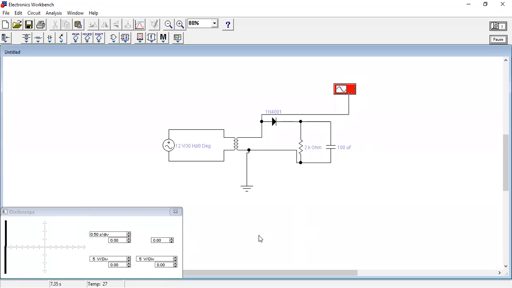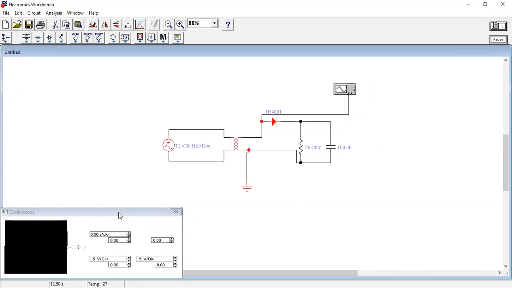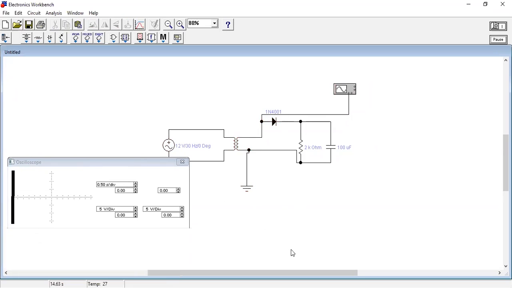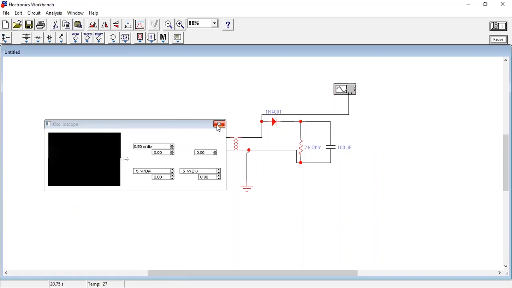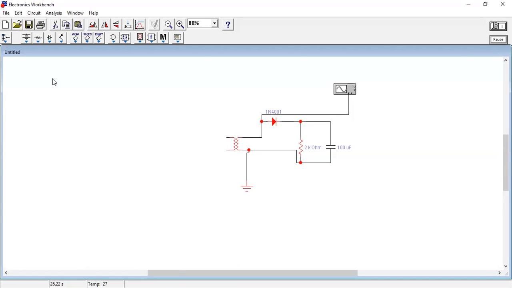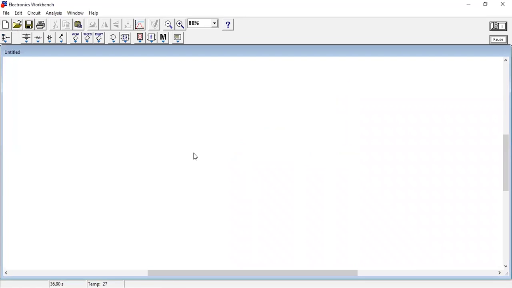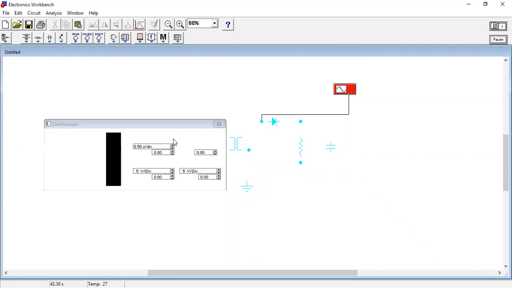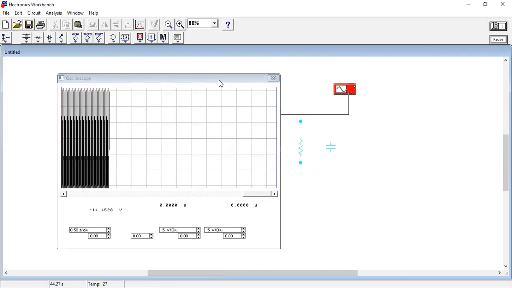In here we used channel 1, channel A. You can change the time division, time value and voltage value.